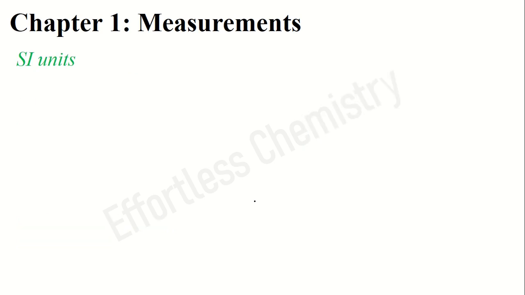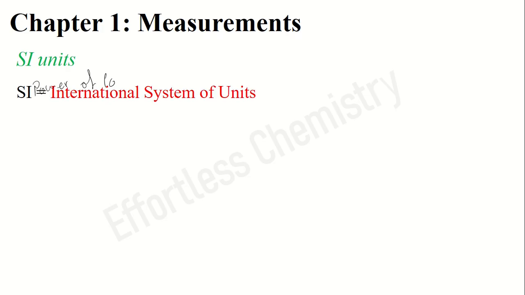For many years, scientists recorded measurements in metric units, which are related decimally, that is, by power of 10. In 1960, however, the General Conference of Weights and Measures, the International Authority of Units, proposed a revised metric system called the International System of Units, abbreviated as SI.